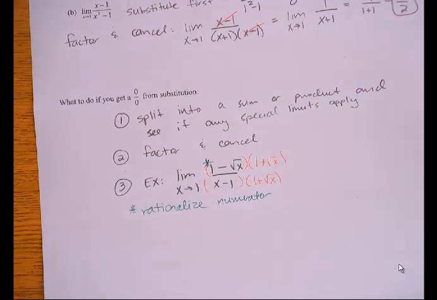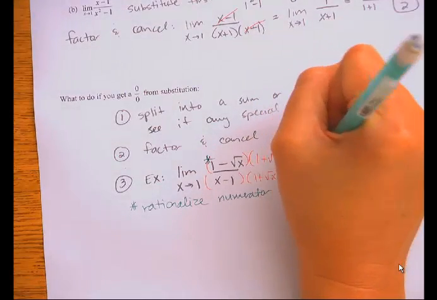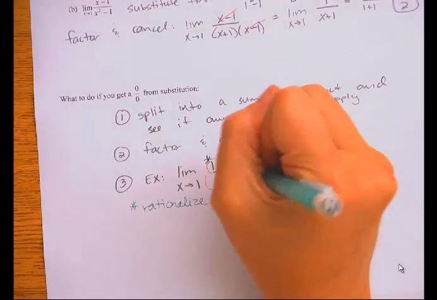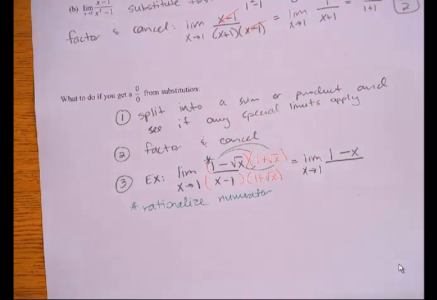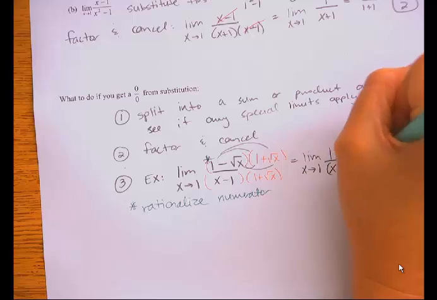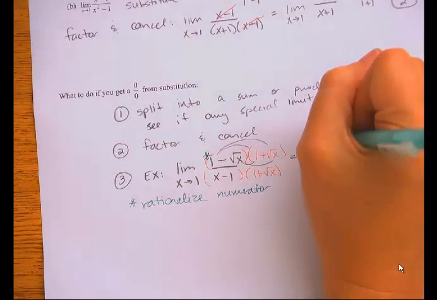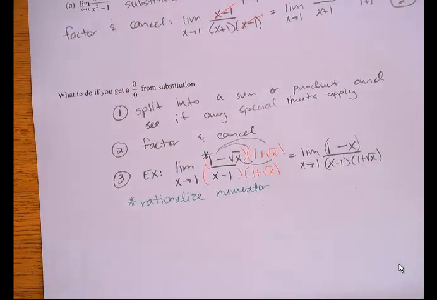and whatever you multiply at the top, you've got to multiply at the bottom. And that would leave me with the limit as x approaches 1 of, after foiling all of that, 1 minus x divided by x minus 1 times 1 plus the square root of x. And I can see that these factors are almost identical. They're just opposite order of subtraction.